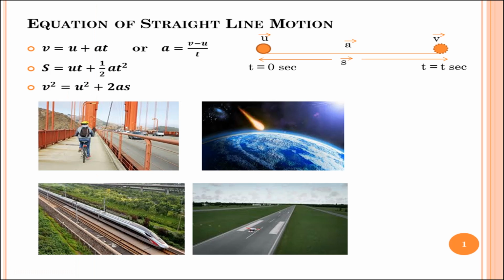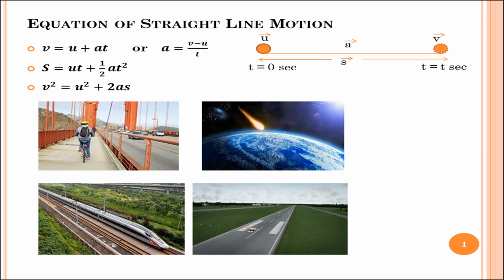At time t equal to 0, the body starts with the initial velocity u, undergoing a uniform acceleration a for t seconds. At the end of the journey, the body acquires the final velocity v and covers a displacement equal to s meters.